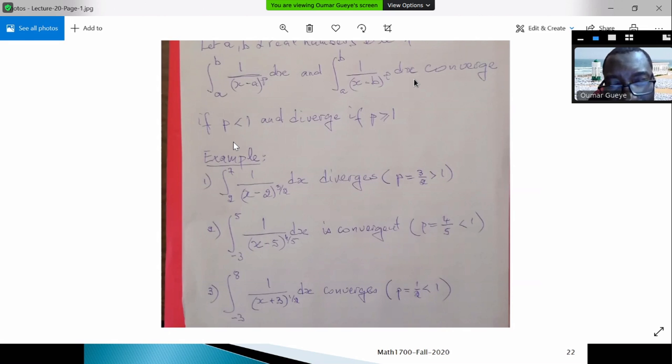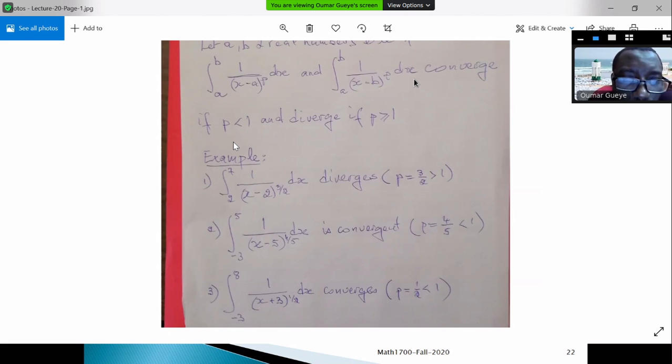And if you use the comparison test, you always have to compare your integral with one integral coming from the p-test. That's why you need them, because you already know under which condition your improper integral is convergent or divergent depending on the p-test.